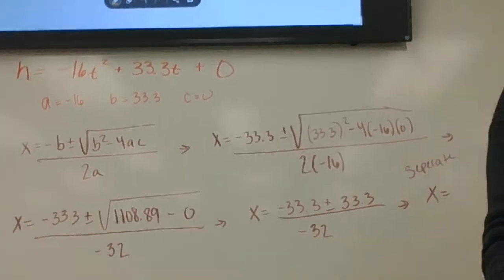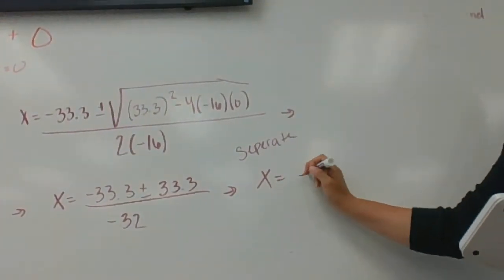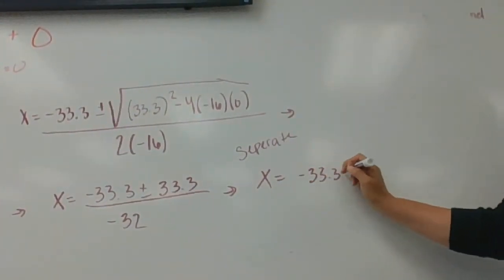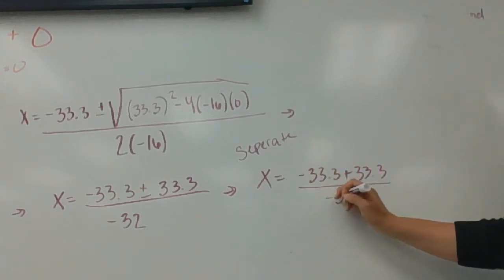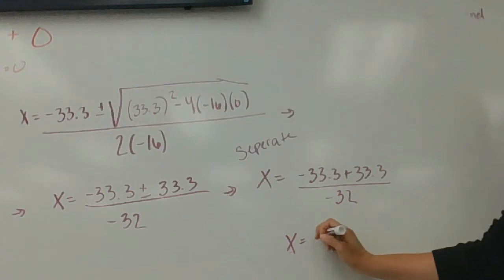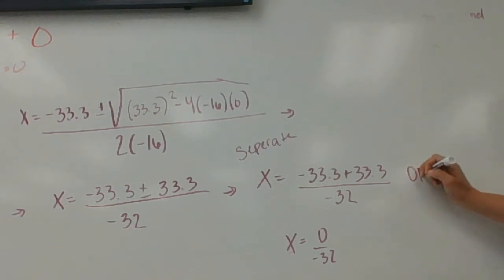I square root it, and now I'll separate. So it's negative 33.3 plus 33.3 all over negative 32, which is 0 over negative 32, which is 0. Or it's negative 33.3 minus 33.3 over negative 32.